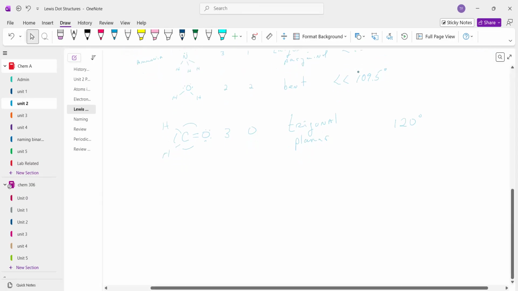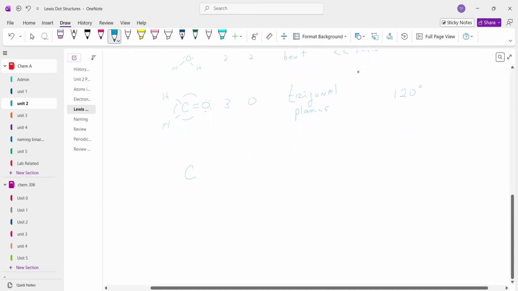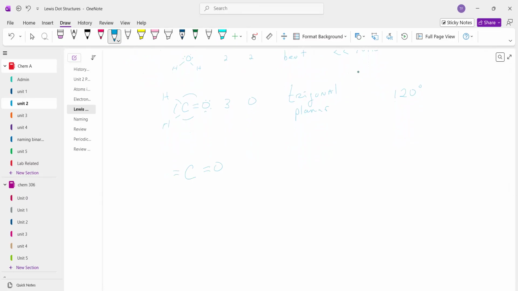Then we have one more. Okay, carbon dioxide. How many bonds do we have? We have 4 bonds. How many groups do we have? 2 groups. The double bonds count as 1 group each. So we've got 2.